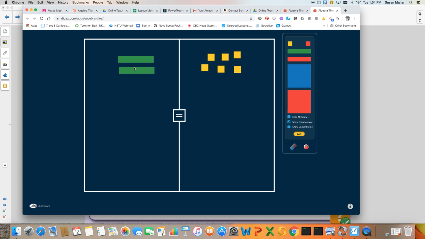And the way that I show division is I'm going to flip these. So I'm going to flip this one, and I'm going to pull this down, and I'm going to flip this guy. He doesn't want to flip. Isn't that crazy?